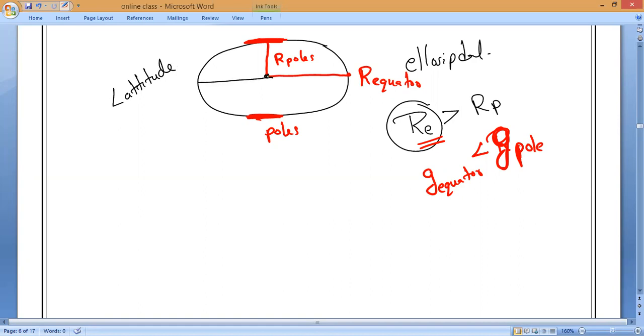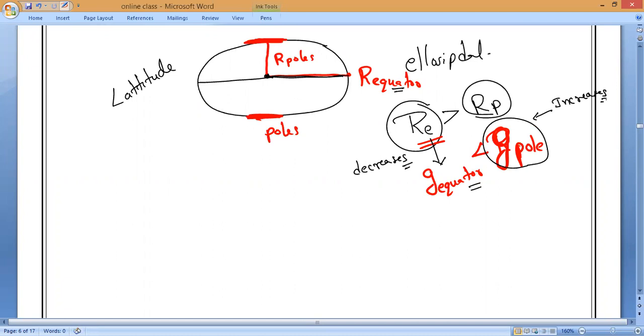So when we are moving towards the equator, does gravitational force decrease or increase? It decreases. When we are moving towards the poles, gravitational force will increase. Understanding?